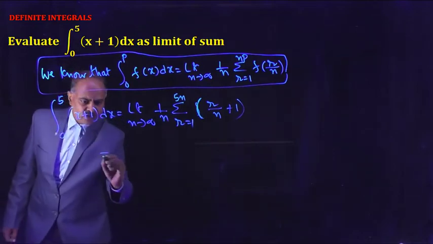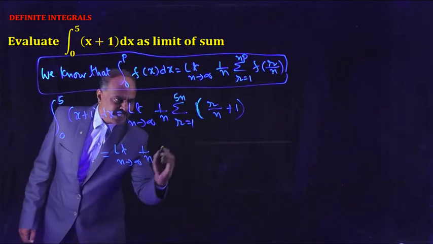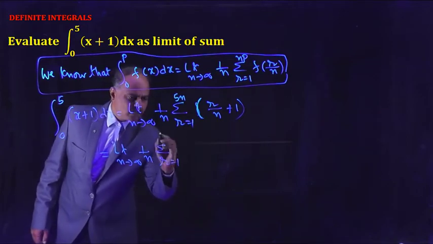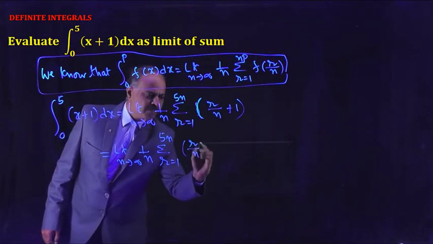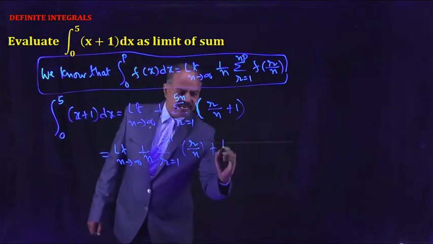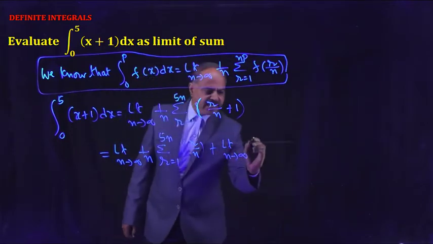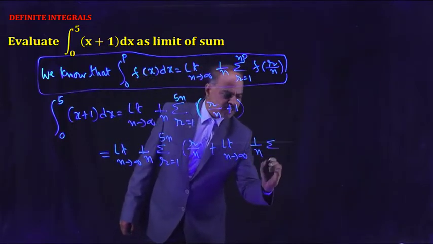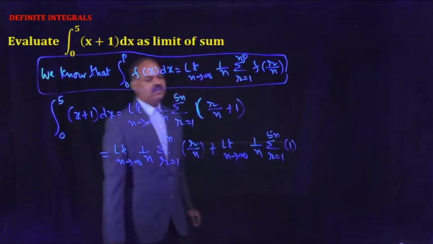Now this is equals to limit n tends to infinity 1 by n into sigma r is equals to 1 to 5n r by n plus limit n tends to infinity 1 by n into sigma r is equals to 1 to 5n into 1.